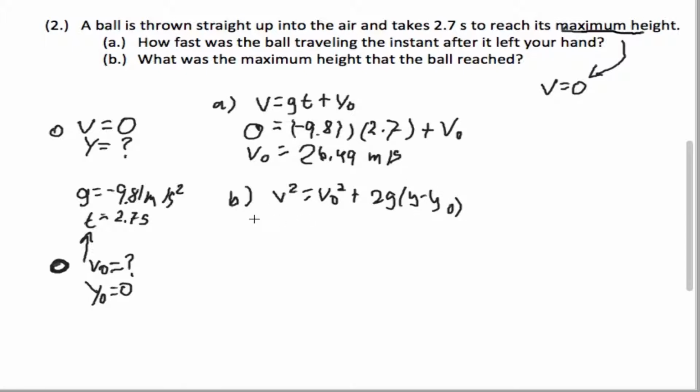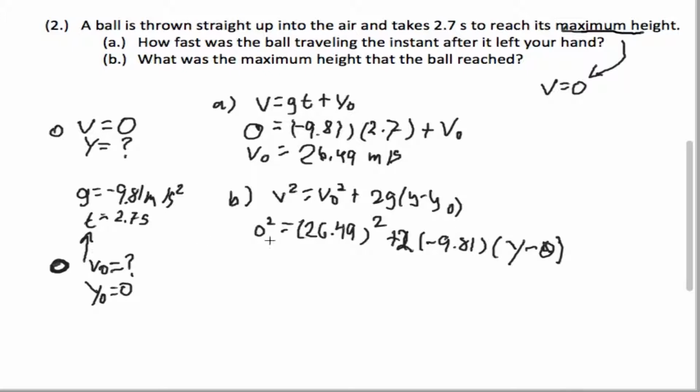So when I plug in my numbers, that's going to be 0 squared equals 26.49 squared plus 2 times negative 9.81 times, careful, y is unknown, minus y0, which is 0. So I've got to put those in the right place.